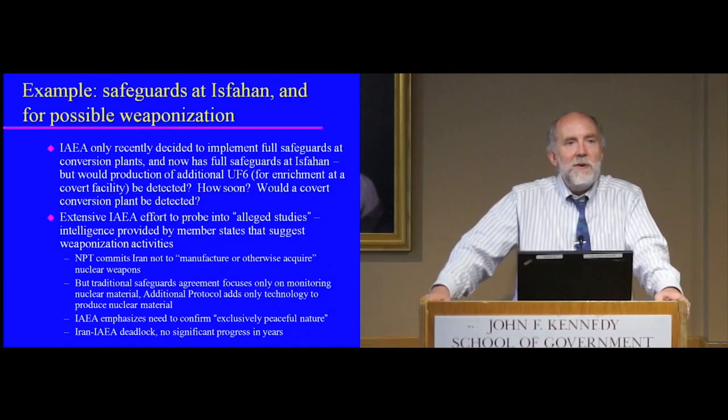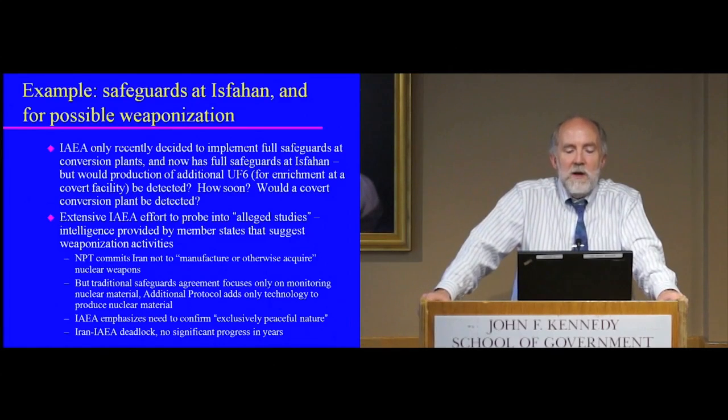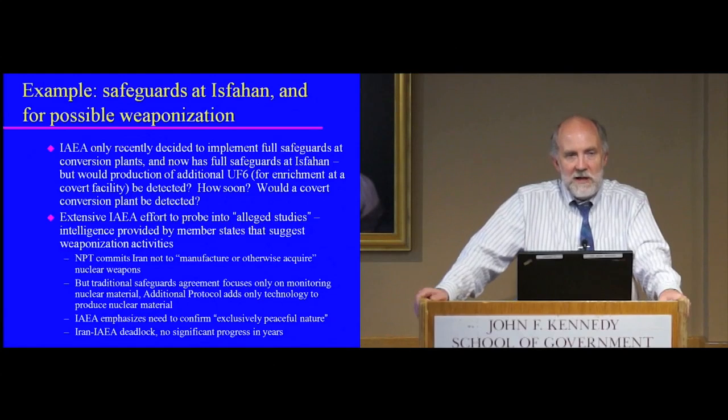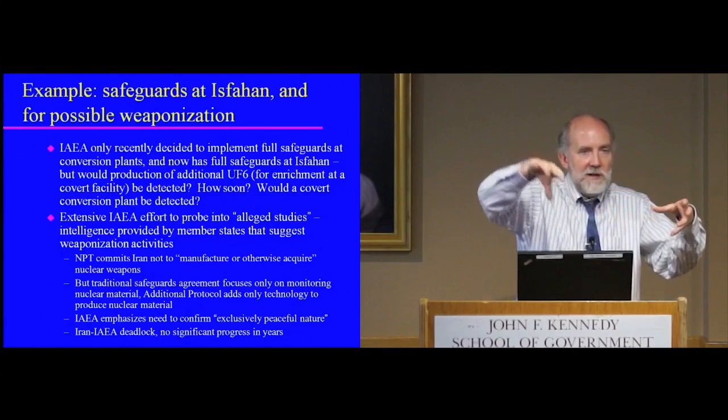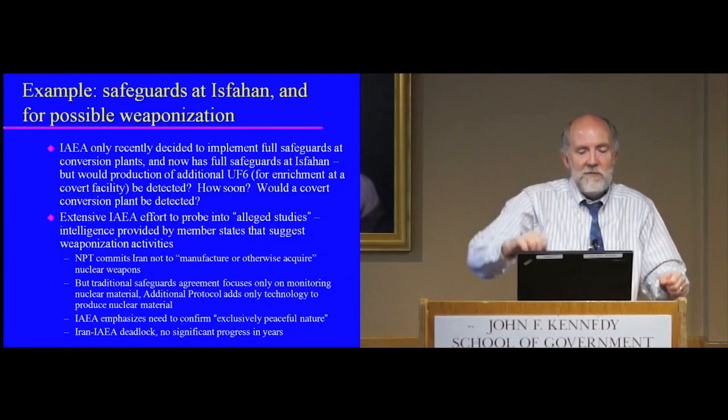One example of expanded safeguards is the safeguards at Isfahan, and then the work to try to figure out what Iran was doing about weapons design. Until fairly recently, the IAEA didn't safeguard conversion plants that took uranium that you had mined and milled and converted it into uranium hexafluoride for enrichment.